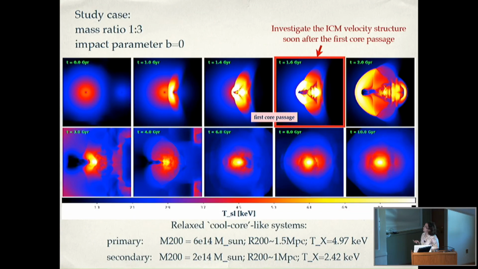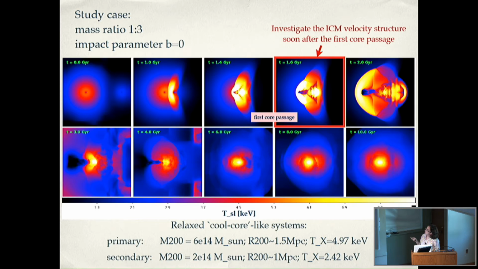In particular, I will be describing results from this snapshot here, which is roughly 1.6 gigayears after the beginning of the simulation, where you have a snapshot of the system soon after the first core passage, with the shock produced here and the two cores that just passed across each other.